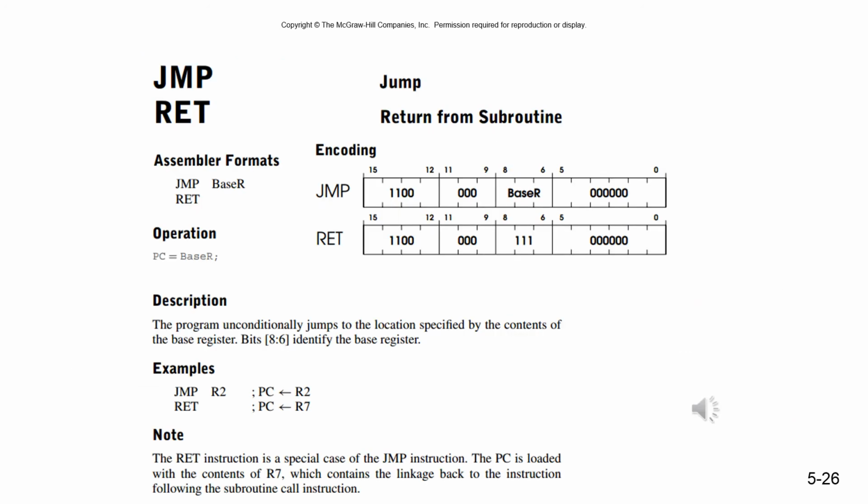Jump has a brother or sister command, return. Return is simply a hard-coded jump R7. Bits 6, 7, and 8 are hard-coded as 1, 1, 1. So jump has a base register as its single operand. Return has nothing.